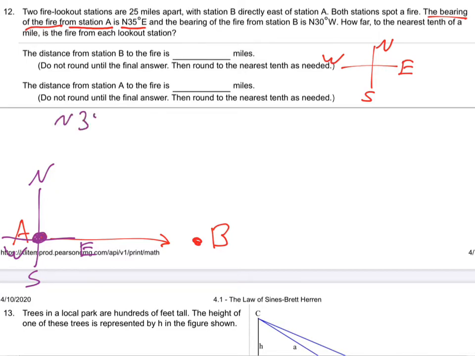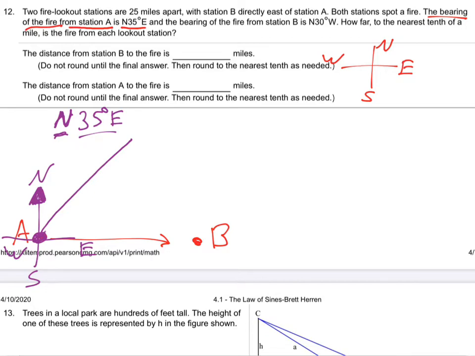So north 35 east means you start with north. That's why north comes first. But it's not straight north. It's 35 to the east of that. So it's about like that. Well, it's probably more like 40 degrees. So maybe about like that.